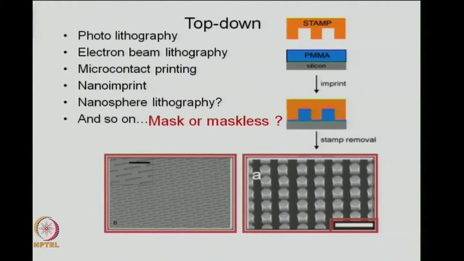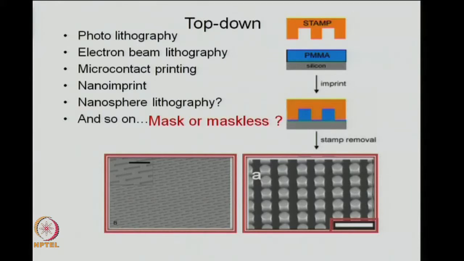Now, for the top down processes people have used different kinds of lithography processes. The term lithography of course comes from lithos, which is stone. So, you are making a kind of structure or drawing from stone, and that is why it is called lithography.